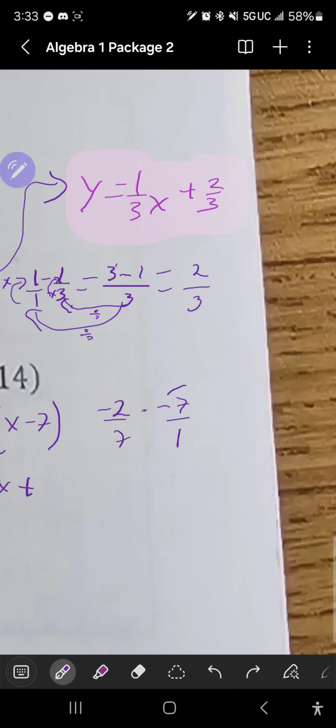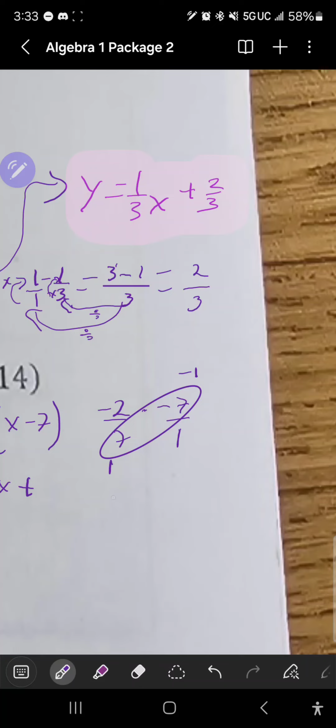So 7 divided by 7 is 1, and negative 7 divided by 7 is going to be negative 1.